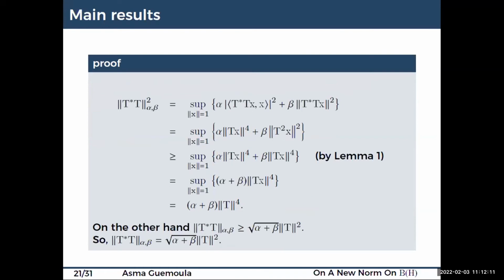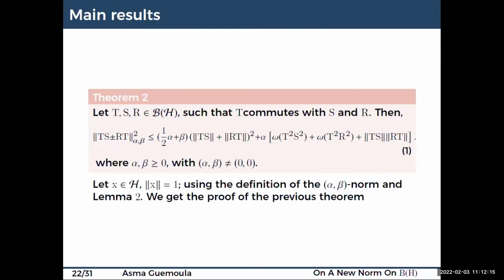Theorem 2. Let T, S, R in B(H) such that T commutes with S and R. Then we get these inequalities, where alpha and beta are positive, not both nil. Proof. Let x in H with norm of x equal 1.